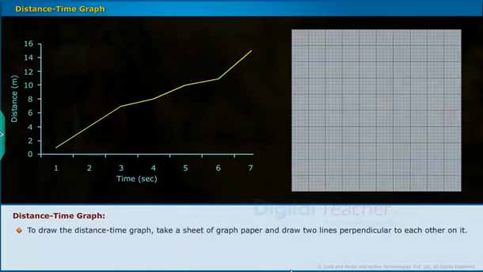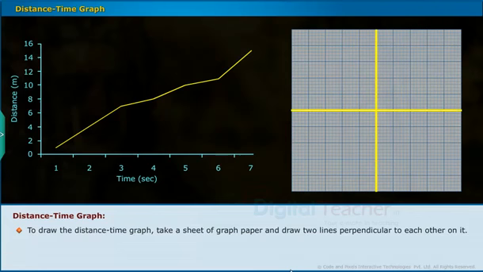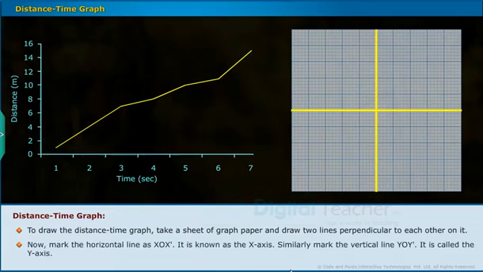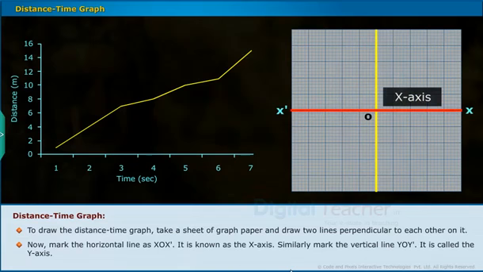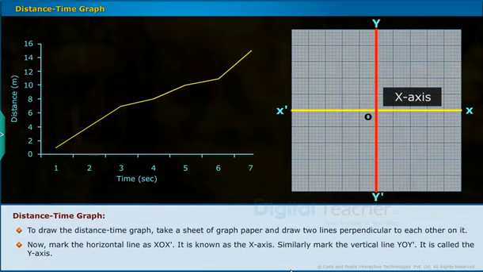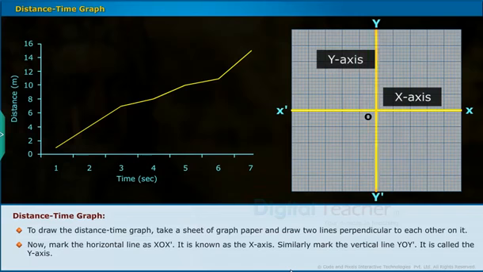To draw the distance time graph, take a sheet of graph paper and draw two lines perpendicular to each other on it. Now, mark the horizontal line as XOX'. It is known as the x-axis. Similarly, mark the vertical line YOY'. It is called the y-axis.